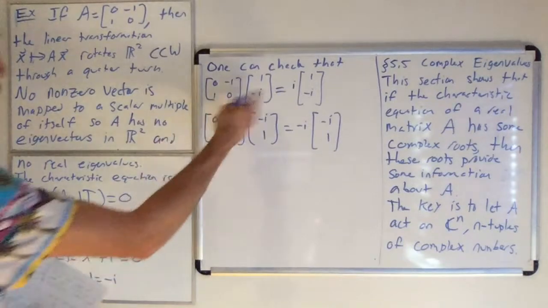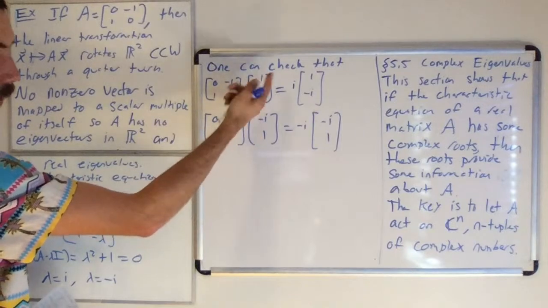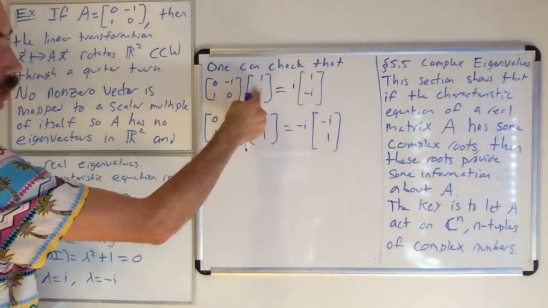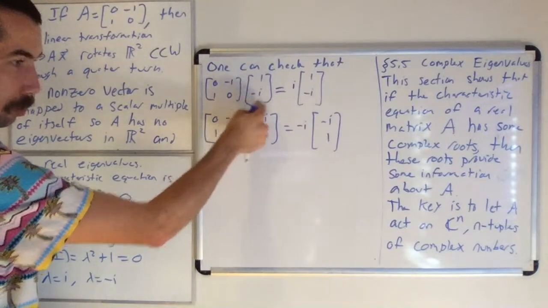The entries are complex numbers. Maybe 1 is not, but it technically is. It's 1 plus 0i. But the second entry is most definitely a complex number.